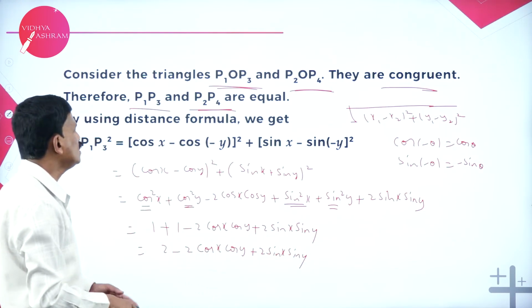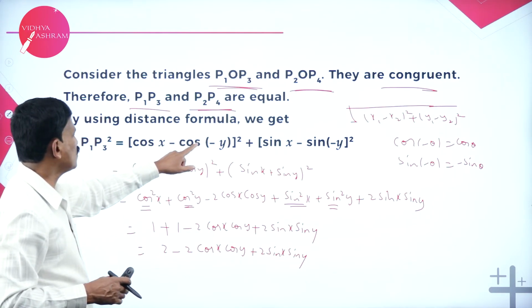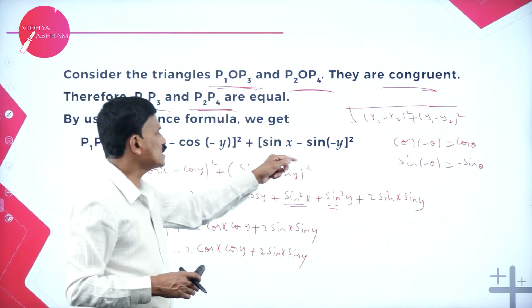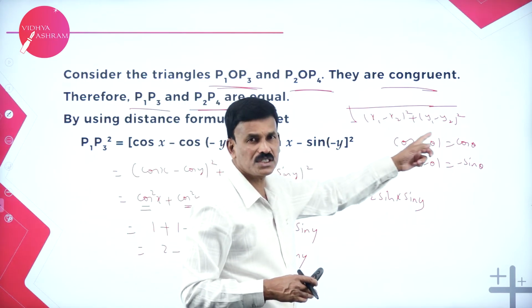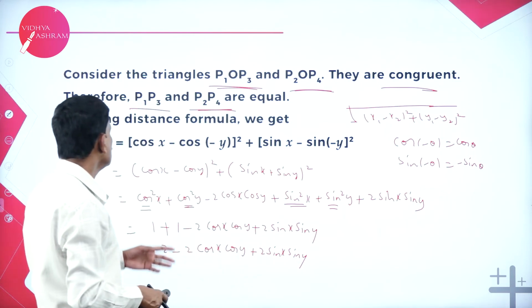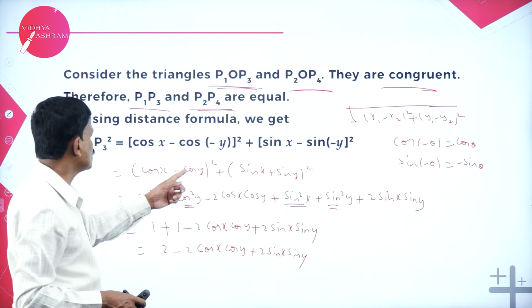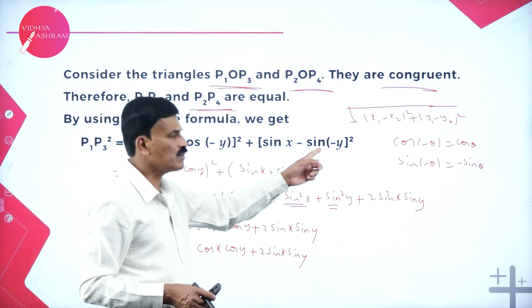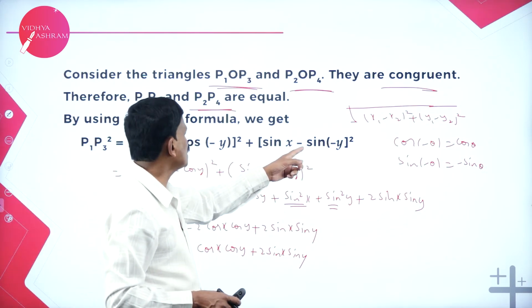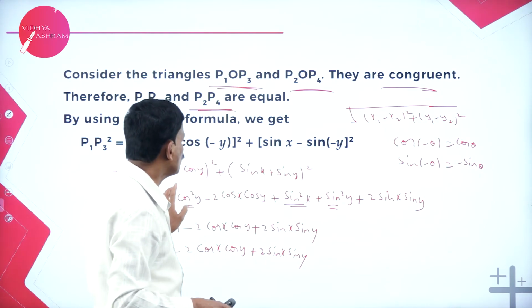See here, P1P3 whole square is equal to (cos x minus cos of minus y) whole square plus (sin x minus sin of minus y) whole square, using the distance formula (x1 minus x2) whole square plus (y1 minus y2) whole square. Since cos of minus theta is equal to plus cos theta, this is (cos x minus cos y) whole square. Sin of minus theta is minus sin theta, minus into minus becomes plus, so this can be written as (sin x plus sin y) whole square.